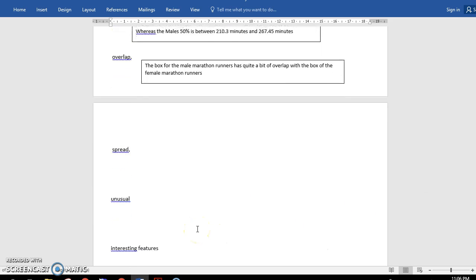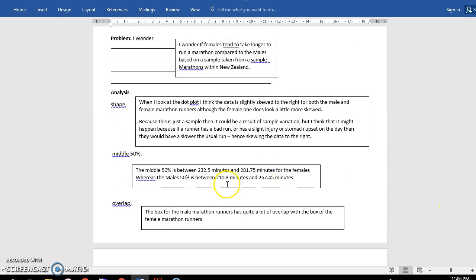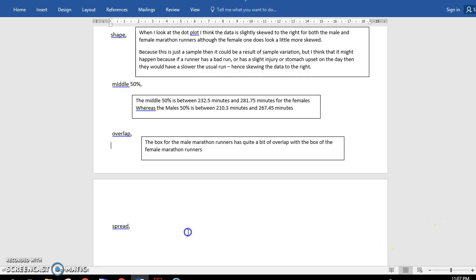Alright, now we're going to look at the spread. I'm going to combine these. I'm going to go to the extreme example of just deleting interesting features, because I see anything interesting as usually something unusual. So I'll keep those the same. But for spread, I'm going to compare the middle 50%.